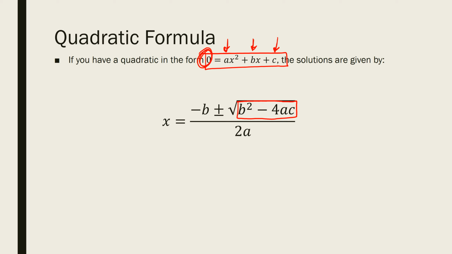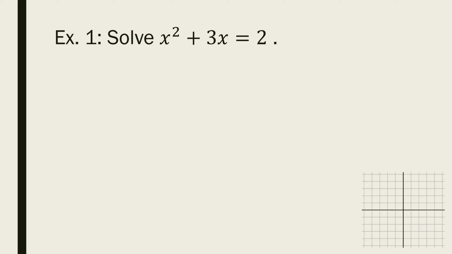Whether there is a positive or a negative under the square root is going to affect the way the answers work out. What is under the square root we call the discriminant. We're going to look at exactly what it deals with, but for future reference, the discriminant is just the stuff under the square root, b squared minus 4ac, and it's going to tell us some things about the quadratic function.